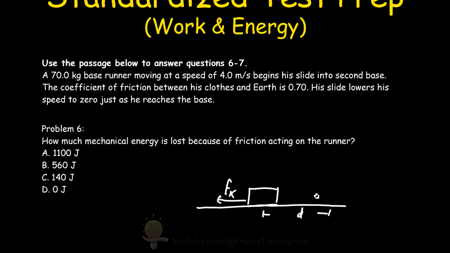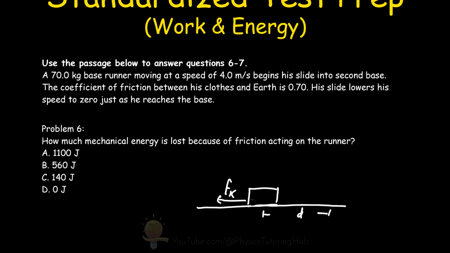And we also need to notice here that there are no forms of potential energy in this system because the runner isn't sliding uphill and neither is the runner sliding downhill. He's moving in a horizontal direction. In other words, he's not gaining or losing height in this situation. So there's no potential energy in this mechanical system.